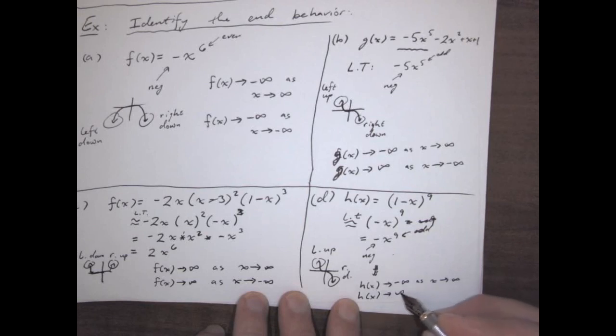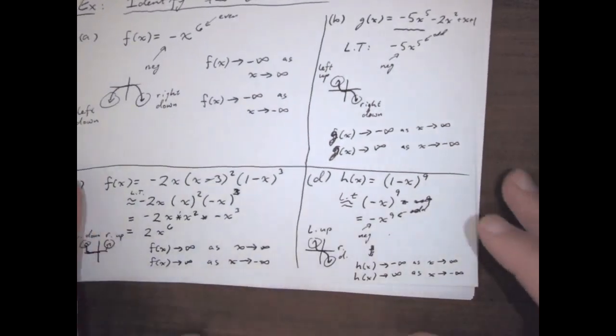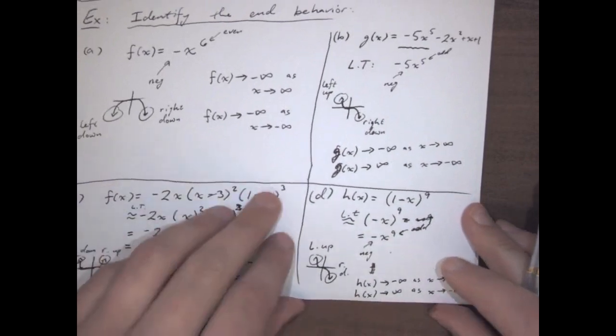And h of x goes to positive infinity as x goes to negative infinity. So that's going up as x goes left. Okay, so that's the long-run behavior of a polynomial.